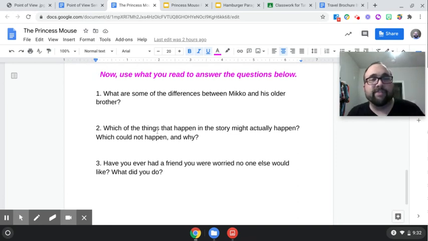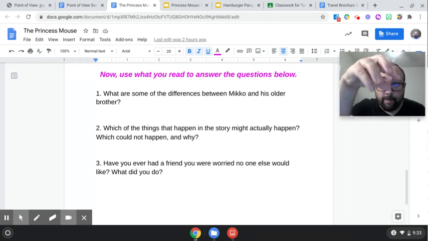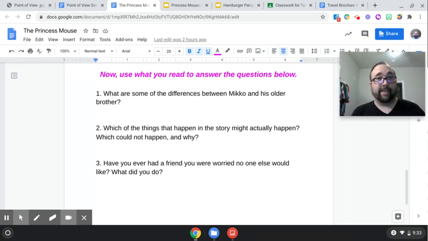Now, which of the things that happen in the story might actually happen? Ooh, which could not happen and why? Okay? Very interesting. That can also help us with our point of view. And have you ever had a friend you were worried no one else would like? What did you do? This helps you be involved in the story.